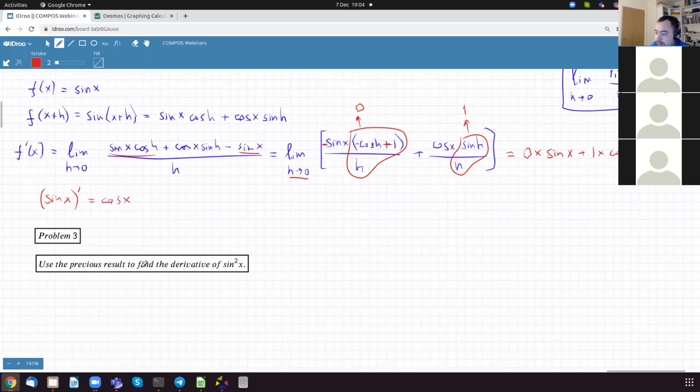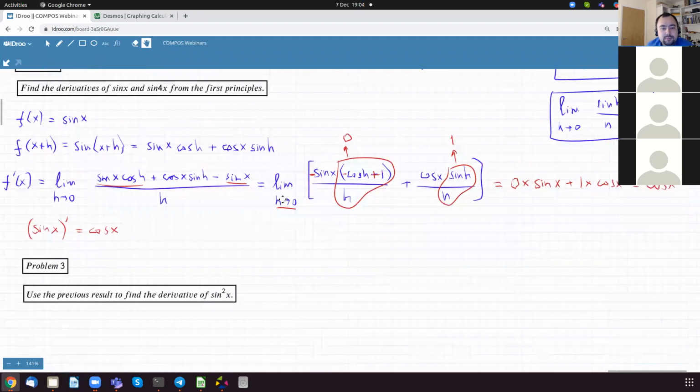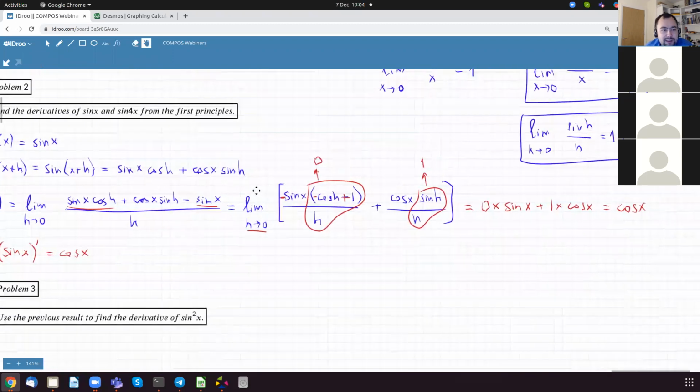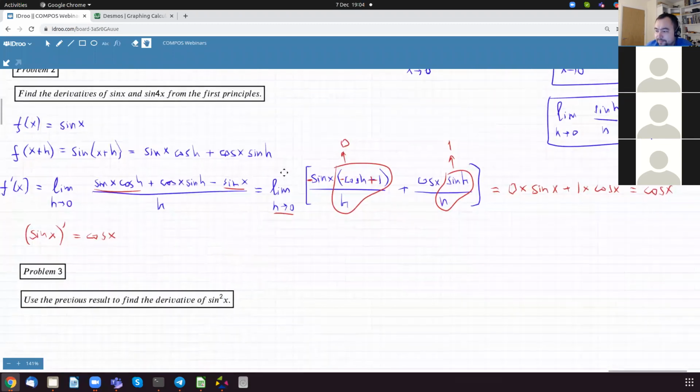You can also use small angle approximation to prove the derivative. Not entirely sure how you would do that. Maybe, if it comes to me.